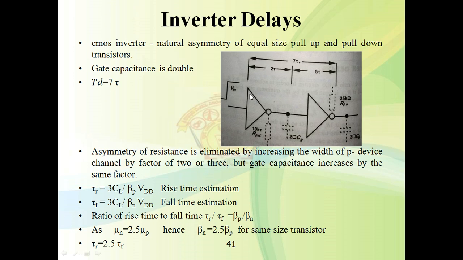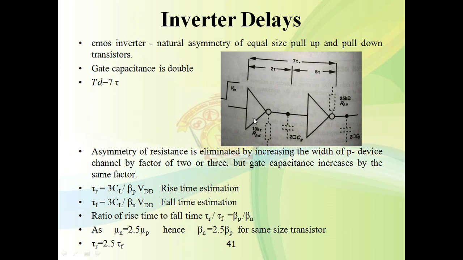Hence, as you can see here, for the pull down transistor the resistance is 10 kilo ohm, and for the pull up transistor the resistance is 25 kilo ohm.